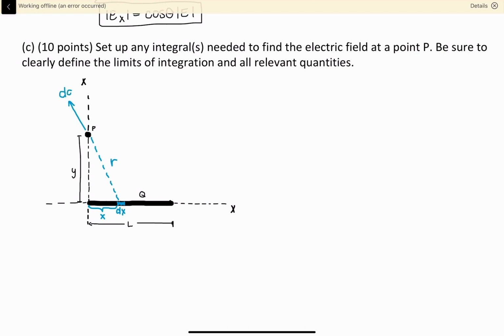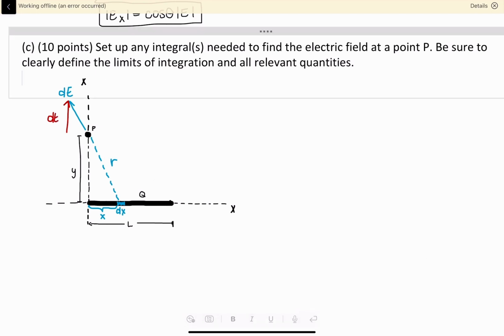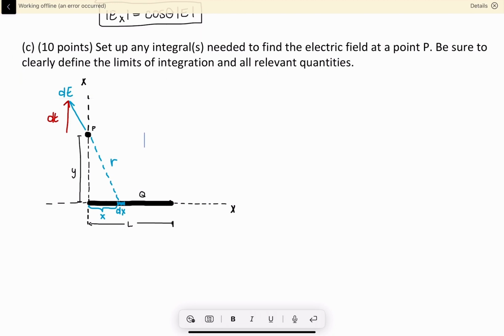DE, my bad, this is DE, the electric field due to that small segment of the rod, which will have components of EY and EX.